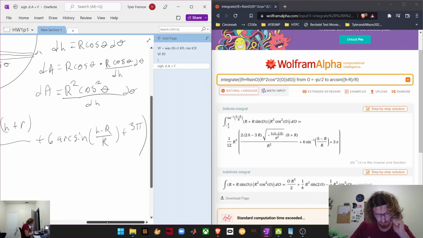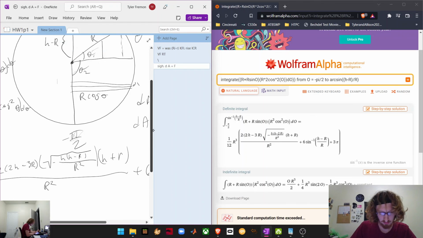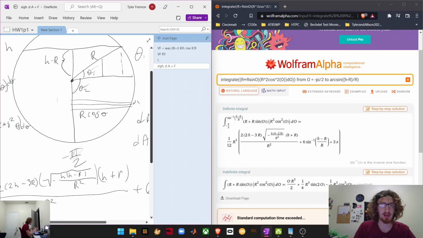So that is our formula for the force being applied to one of the end caps of our cylinder.